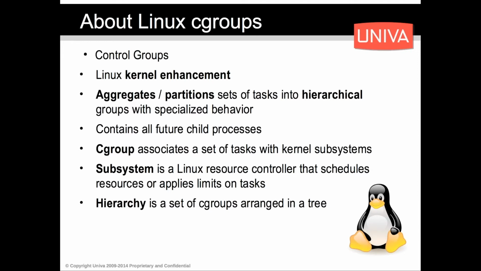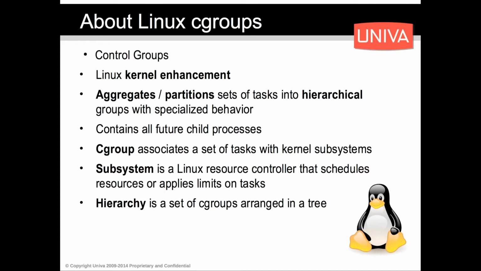So what are cgroups? Cgroups, or control groups, are a Linux kernel enhancement which aggregates and partitions sets of tasks into hierarchical groups with a specialized behavior. Such a group contains all future child processes. That means when a job creates a new process, it is automatically part of the same cgroup as the job.